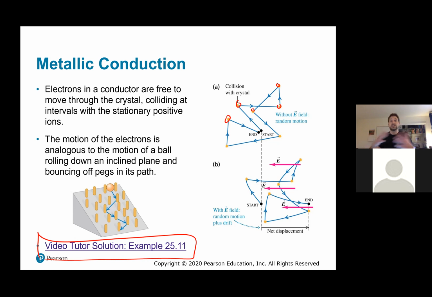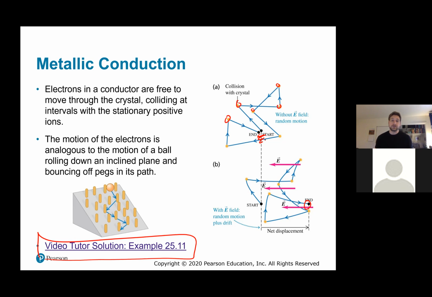Those collisions interrupt the acceleration that might be caused by a standing electric field. On average, if the field is to the left, the electrons are being pulled to the right. On average, after a bunch of collisions, the electron will end up further to the right than it would have otherwise if things were just allowed to be random.